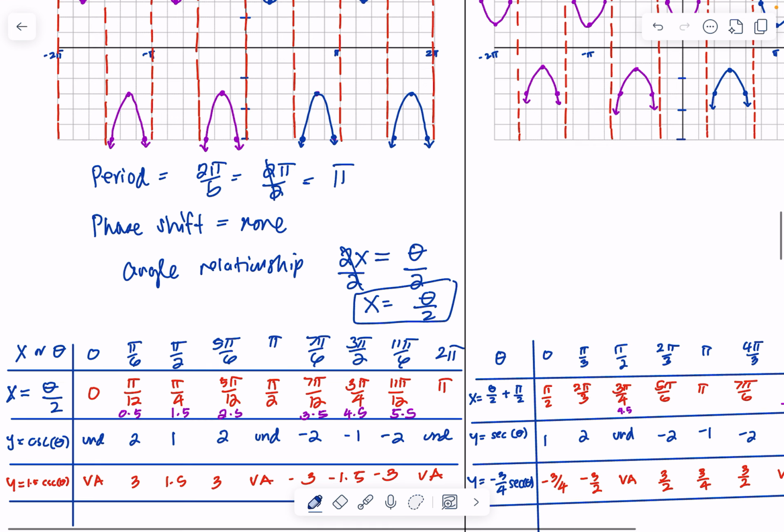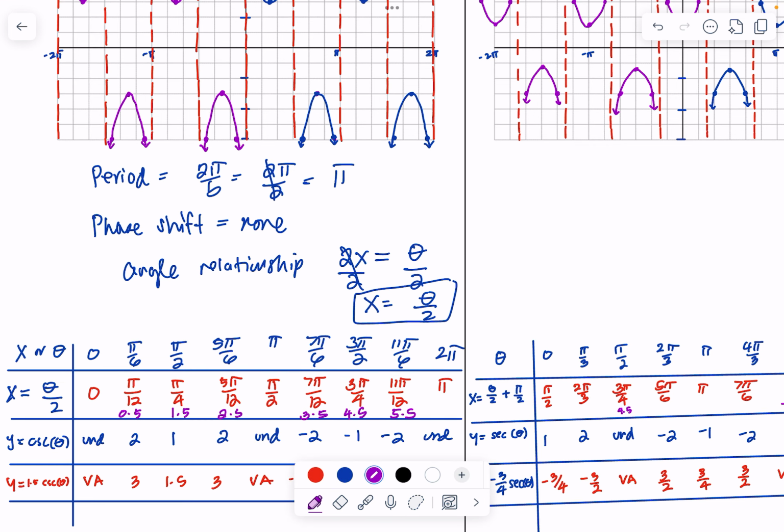The way we get that is, let's just solve that right over here. Pi over 6 divided by 2 means pi over 6 times 1/2, so that is pi over 12. That's how I got pi over 12.